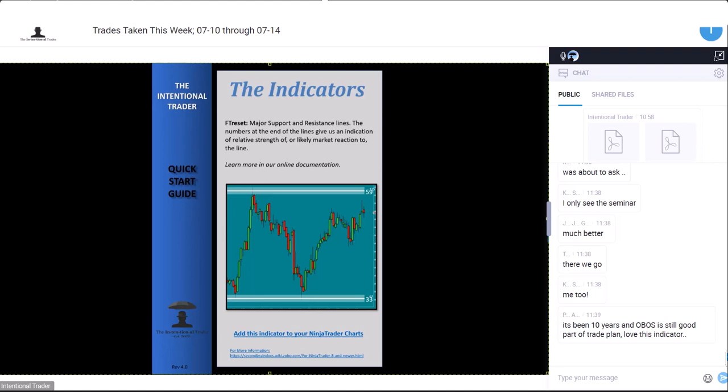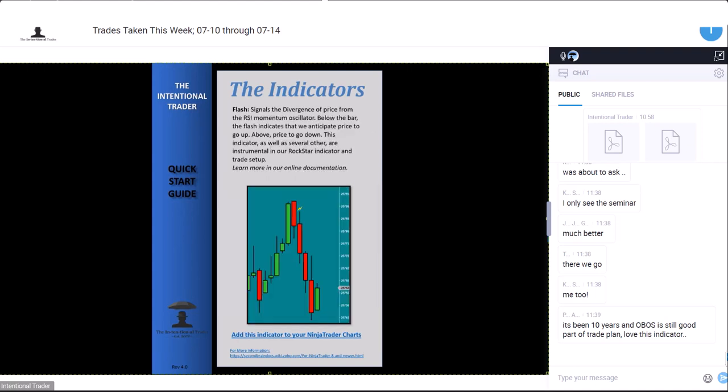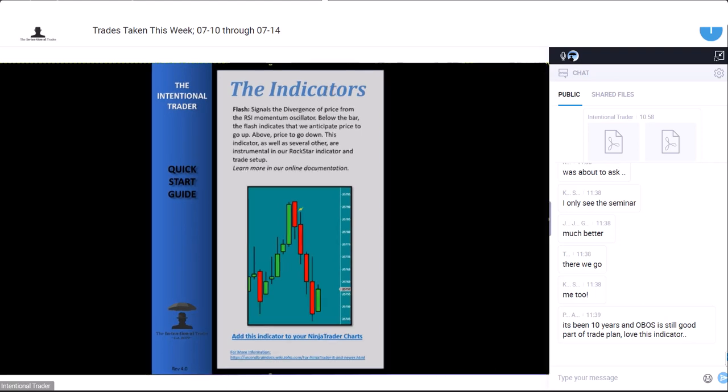Those are major lines of support and resistance that we use. Okay, you're going to see the flash, which is one of our divergence indicators. It was the original divergence indicator that we started pairing with our speed tick to anticipate a pullback. This is when price and the RSI momentum indicator are diverging, meaning that price might be going up, but momentum is going down.